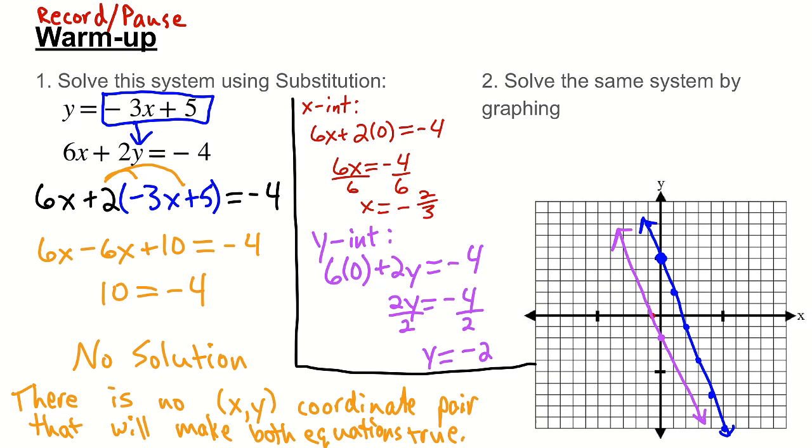What do you notice about those two lines? Maybe it's not perfect, but what do you think is probably true about them? They're parallel, Jojo. Exactly. And why does it make sense that they are parallel?